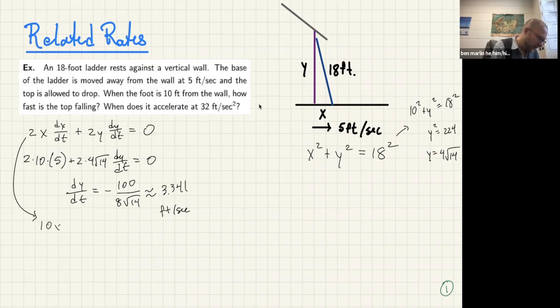And so we end up with a 10x here plus 2y dy/dt equaling 0. And that says that your dy/dt is going to need to be equal to negative 10x divided by the 2y. I think I'll put it as negative 5 times x over y.